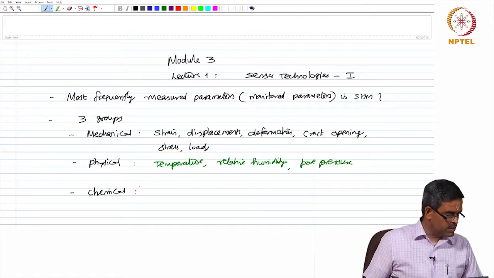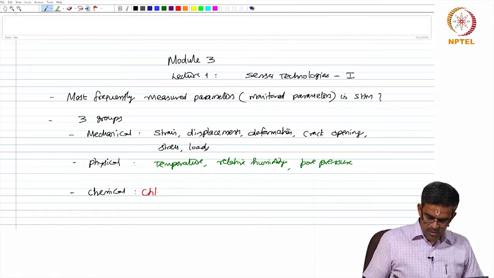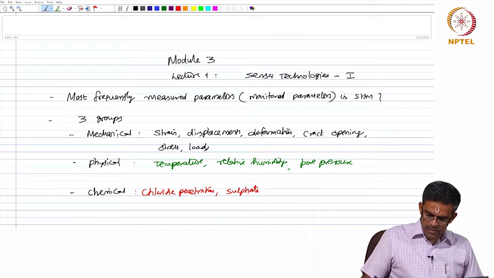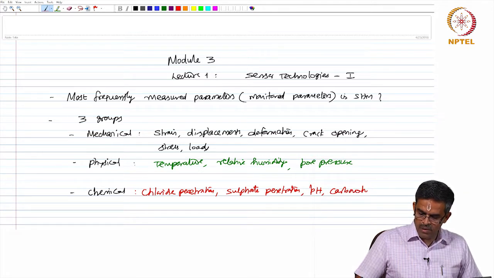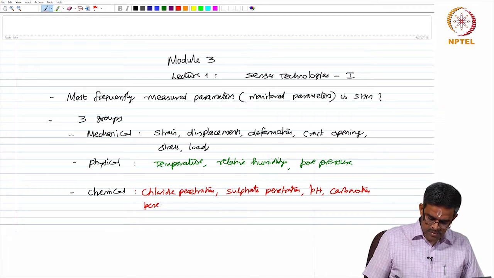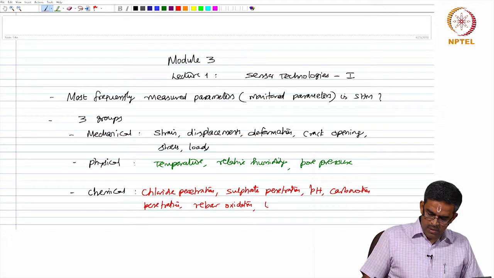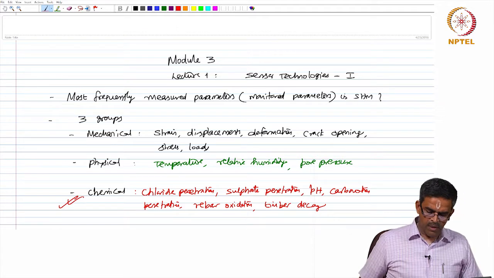Under chemical parameters, we measure chloride penetration, sulphate penetration, pH changes, carbonation penetration, rebar oxidation, timber decay, etc. These are all biological and chemical processes.